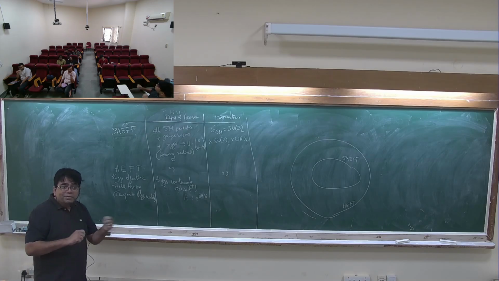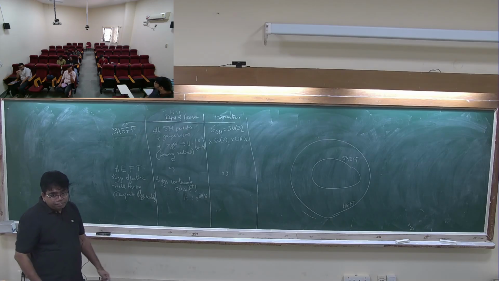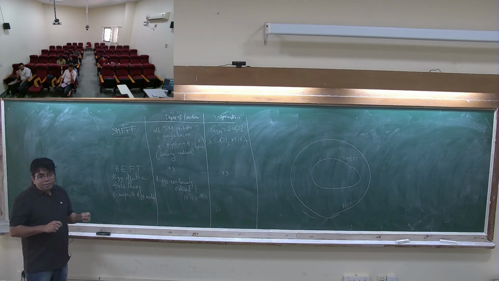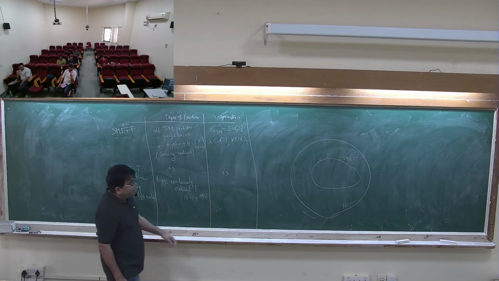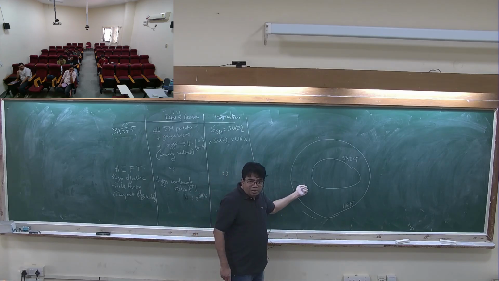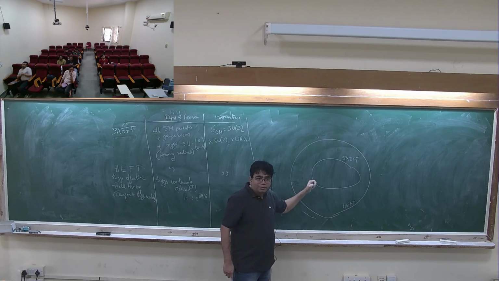So how do you distinguish between these two is also very hard to say. If you ask what is a particle, or a model, or an operator which is only here, which is not there, it is very hard to tell. What is the region of the parameter space also.